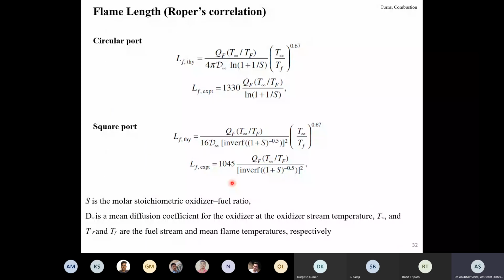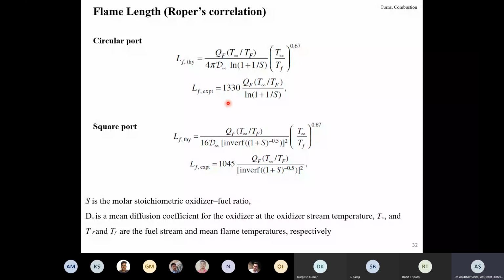So let us look at them. For a circular port, this is the correlation he has given. There are two relations: one is what Roper got from theoretical derivation, and the other is what is measured by experiment.